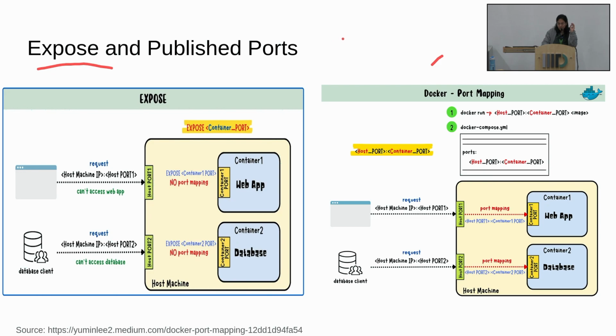If you don't expose that port, then the curl to that port won't work. That's the only way to say that this is the port that my container is ready to accept requests on.